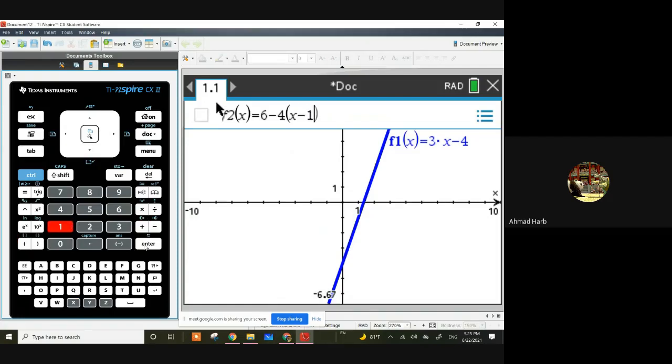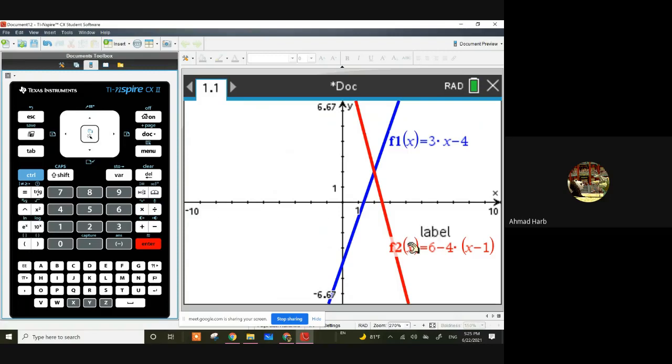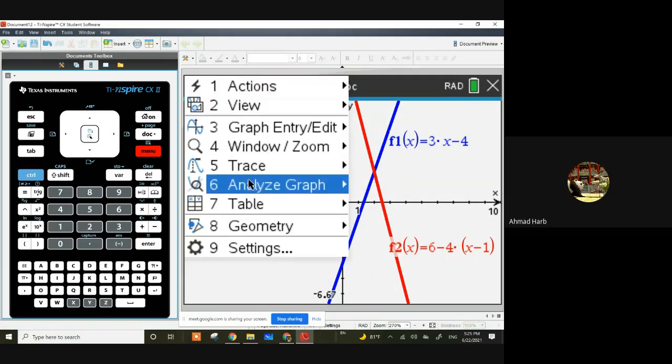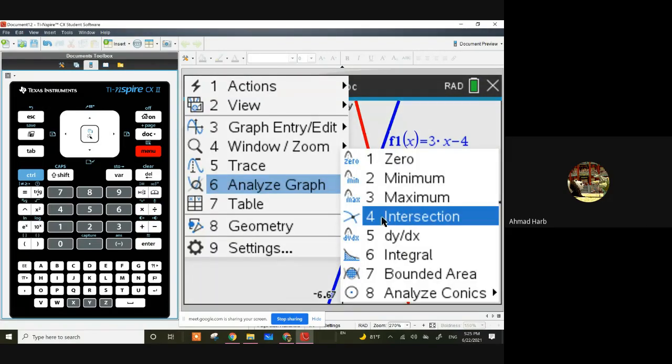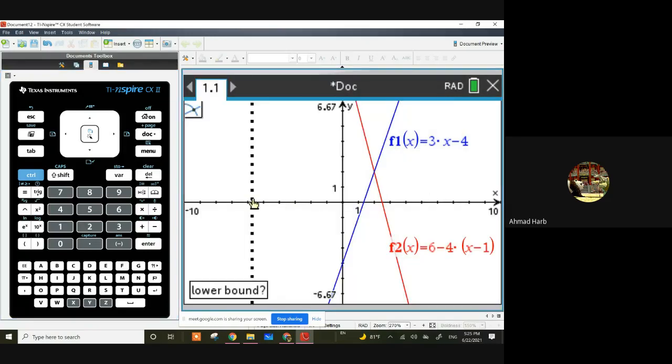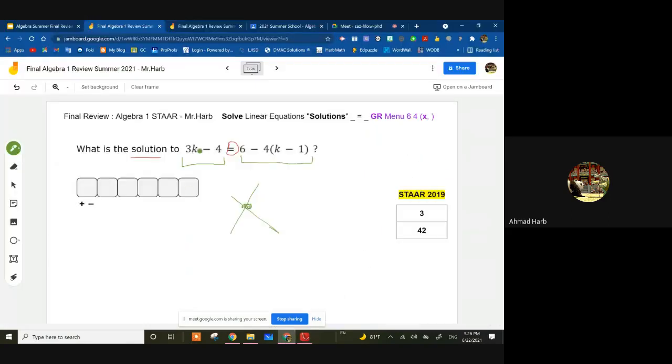Now when you graph them both, they're going to intersect. To find the intersection, we click Menu, 6 and 4, the intersection. And you click somewhere on the screen, and then you go until you find the intersection. And the first number is the answer. So that answer is x equals 2. In this case, in the question, k is equal to positive 2. So positive 2.